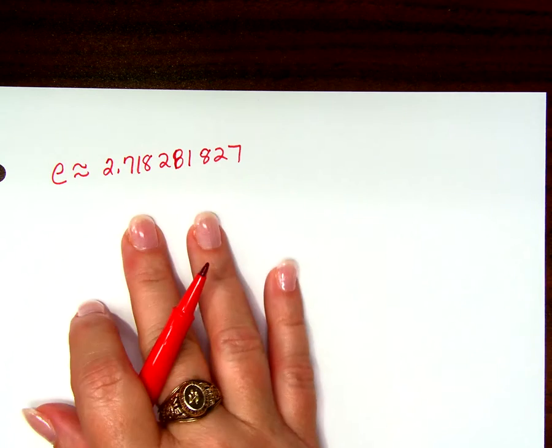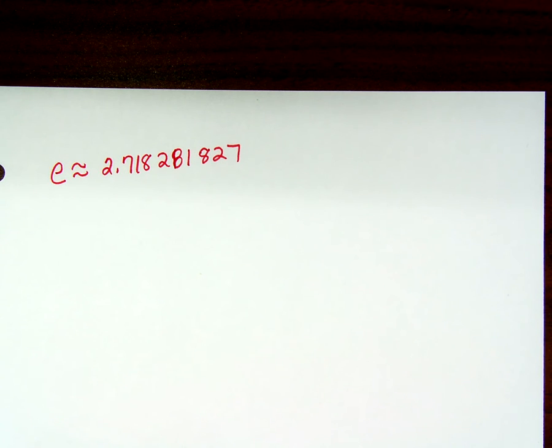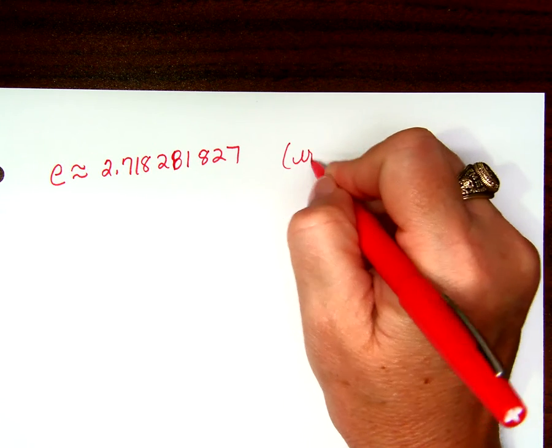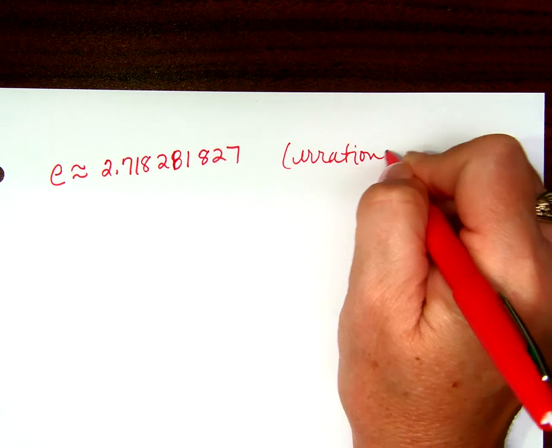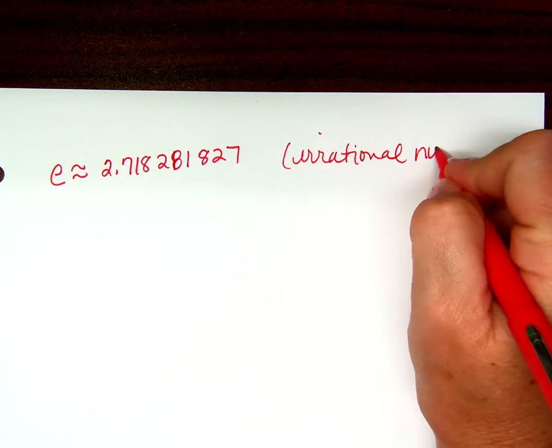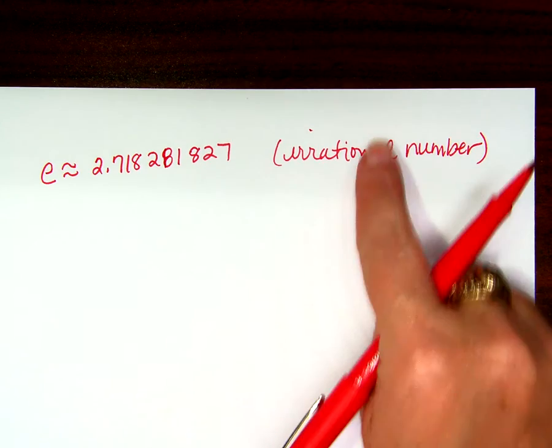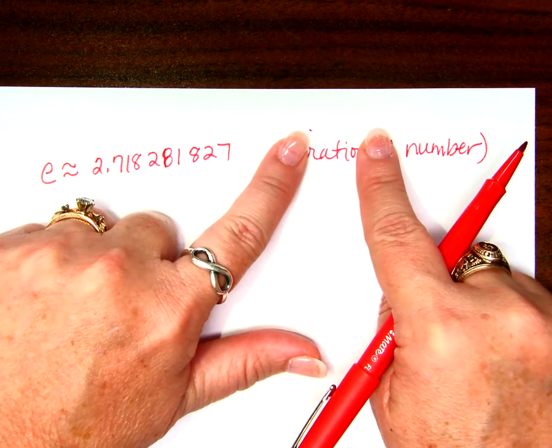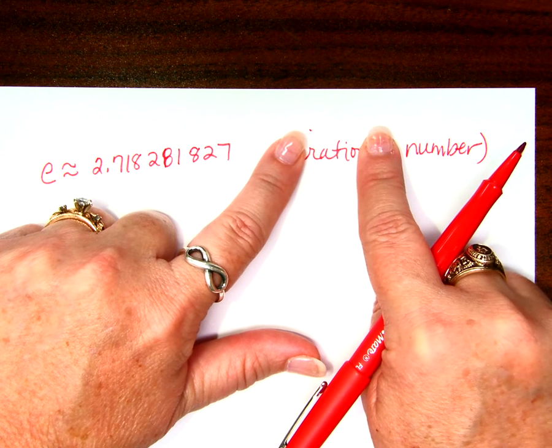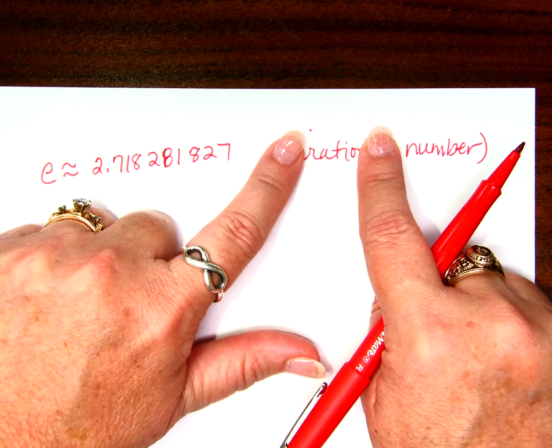That's approximately equal to 2.718281827. It's an irrational number, which means what? It goes on forever, and since it's irrational, we cannot write it as a fraction.